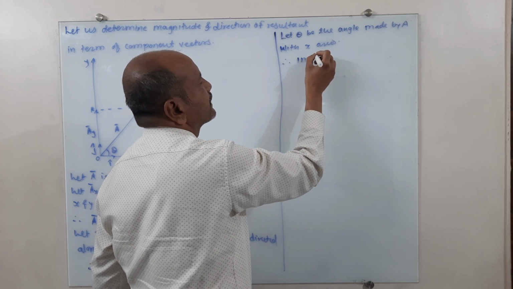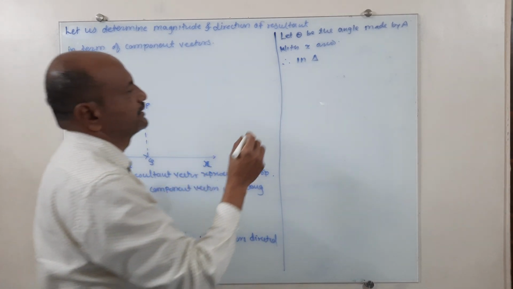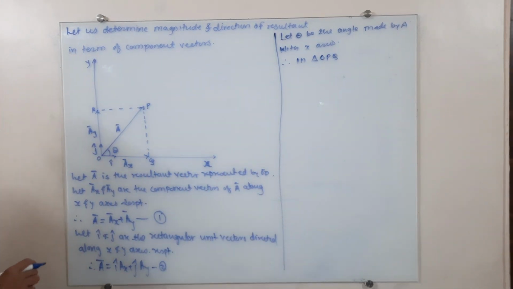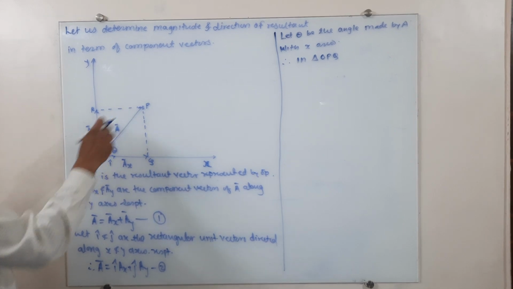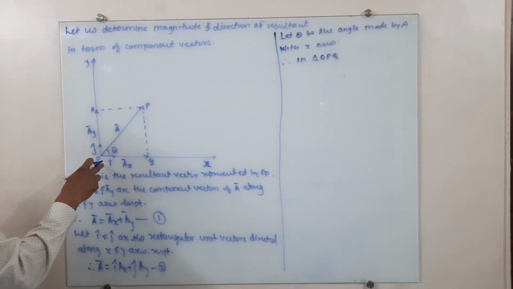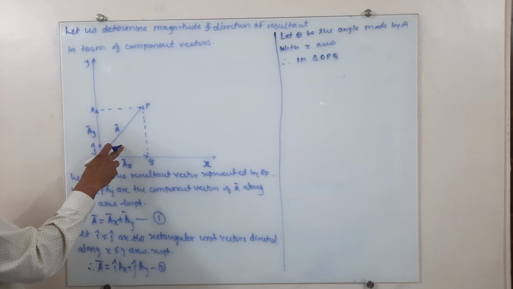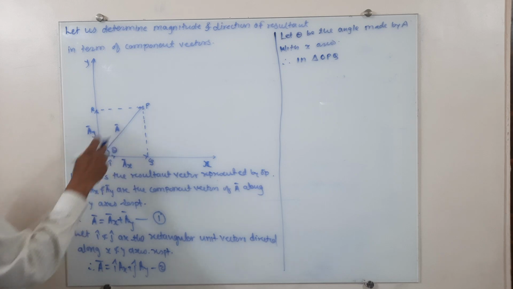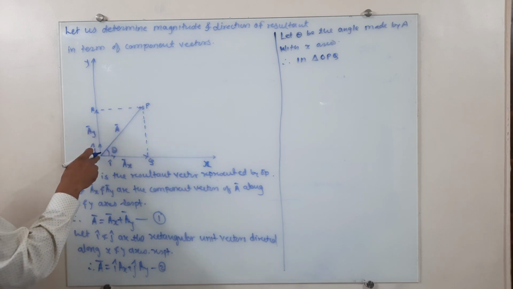Therefore, in a triangle OPQ, OP square is equal to OQ square plus QP square, as well as cos theta is equal to OQ upon OP, sin theta is equal to PQ upon OP.